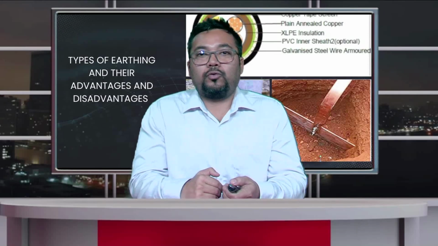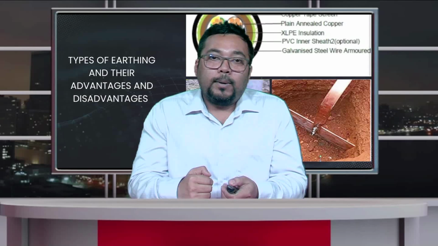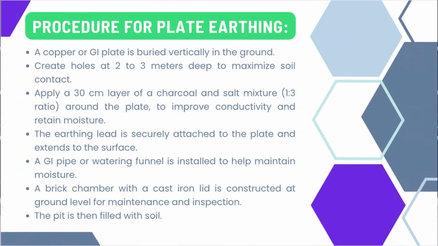Now, what is the procedure for doing plate earthing? To set up a reliable grounding system, a copper or GI plate is buried vertically in the ground. A hole 2 to 3 meters deep is excavated to maximize soil contact.